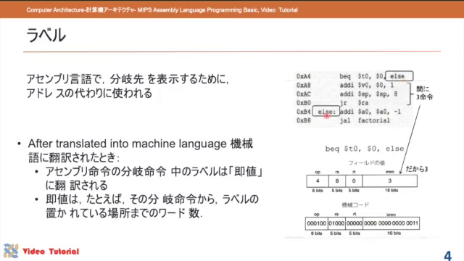Let's count. Now we are here at A4, and after 1, 2, 3, the label is after 3 lines. You know the value of T0 and the value of register 0 from the register table.